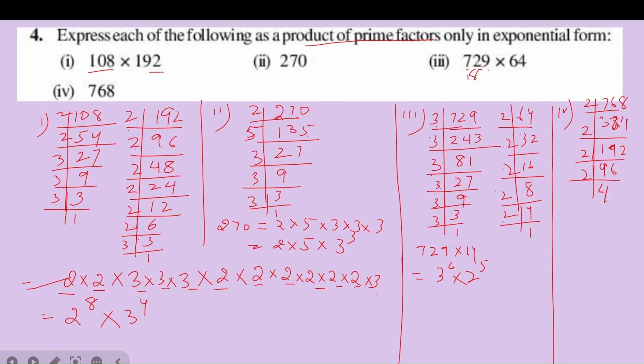So 1 carry over. So 2 8's are. Then 2 2's, 2 4's. Then 2 12. 2 6. 2 3's. And then 3 at the end. So we can write 768 as how many 2's? Let's count 1, 2, 3, 4, 5, 6, 7, 8. 2 raised to the power 8 times 3, because only one 3 is there. So we leave it there.